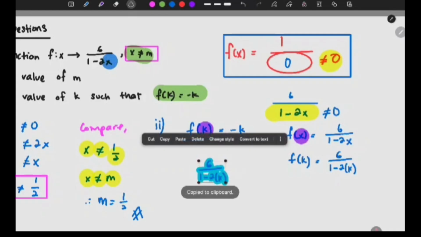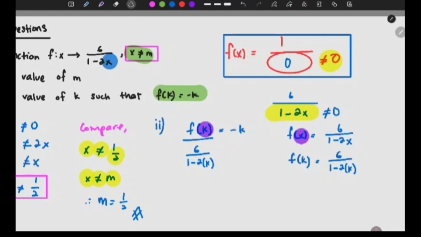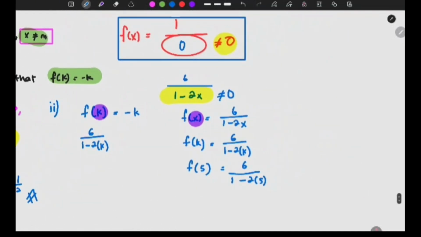Because as you know, if let's just say my input here is 5, that means 6 over 1 minus 2 times 5. This is how I will write, right? If f(10), it will be 6 over 1 minus 2 times 10. So it's the same thing. If my input is k, I have to write 6 over 1 minus 2 times k.